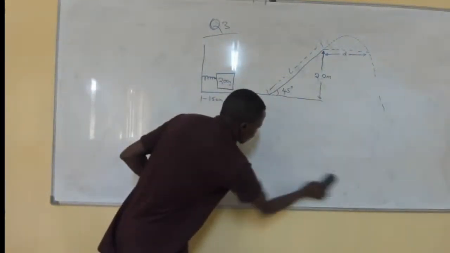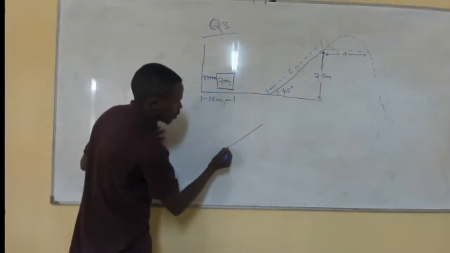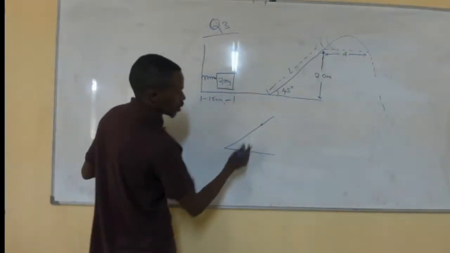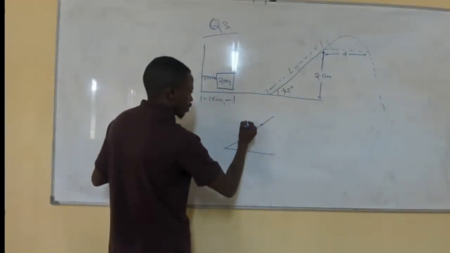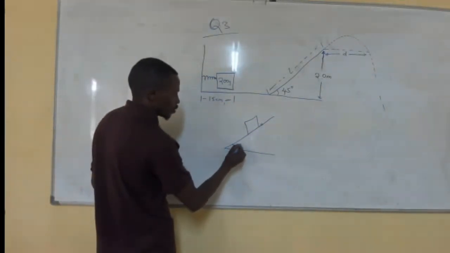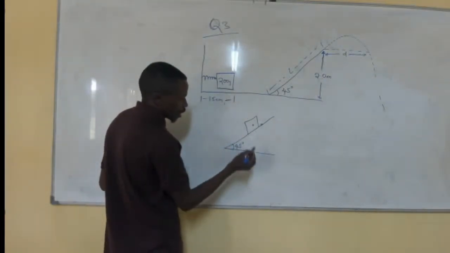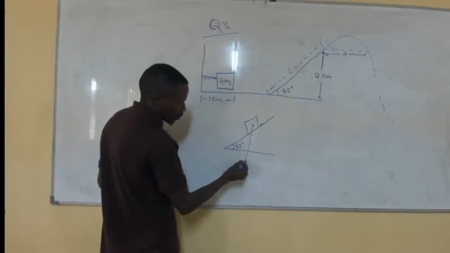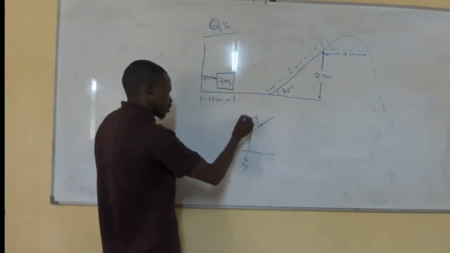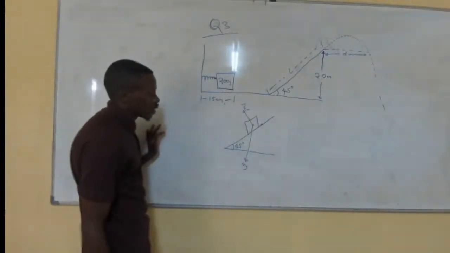So if this is my incline, remember the forces. If my block is on that point, and this is my angle, 45 degrees, I know that the forces acting on my block are the weight, which always acts downwards, and the normal force, which acts perpendicular to the surface, facing upwards.